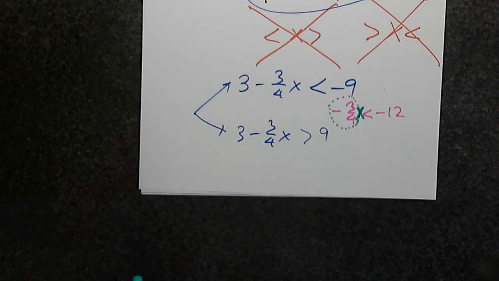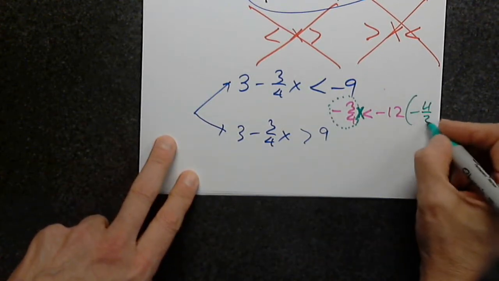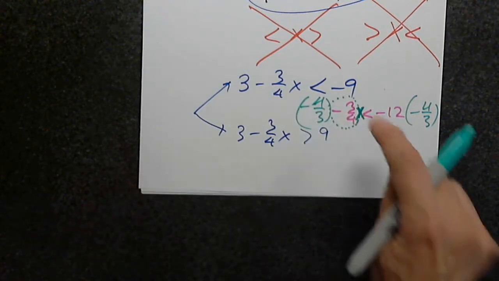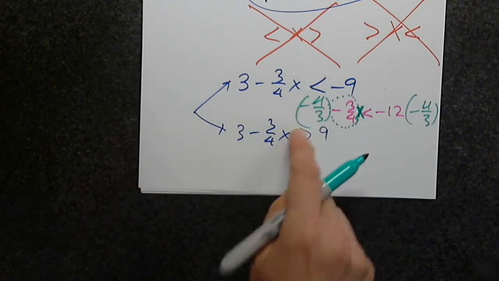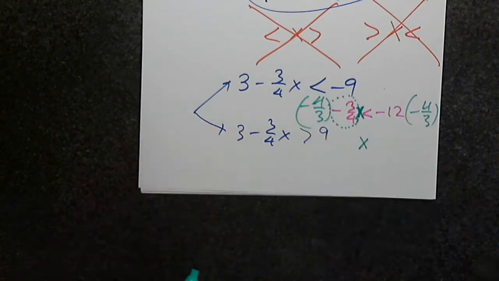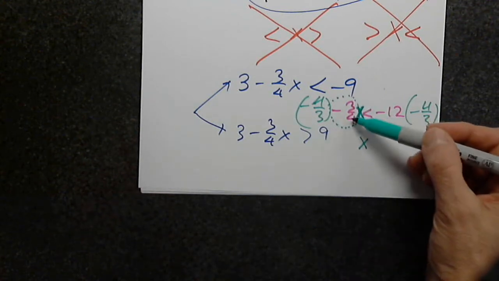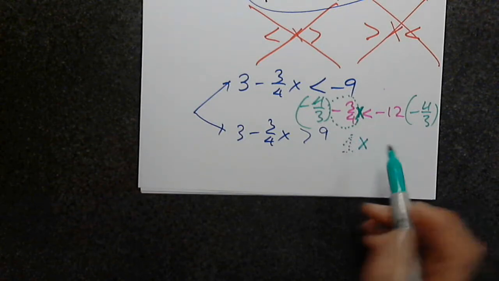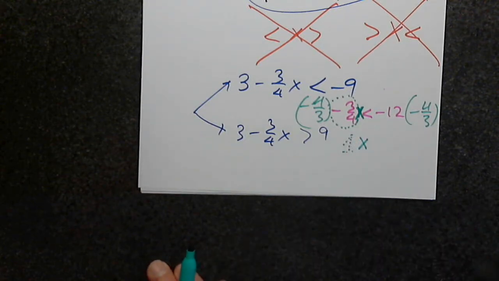The multiplicative inverse. I have to multiply by negative 4/3, to get 1. If I have negative 3/4, I need to multiply by negative 4/3 to get x. The multiplicative inverse, right? And that's what I want, 1x.